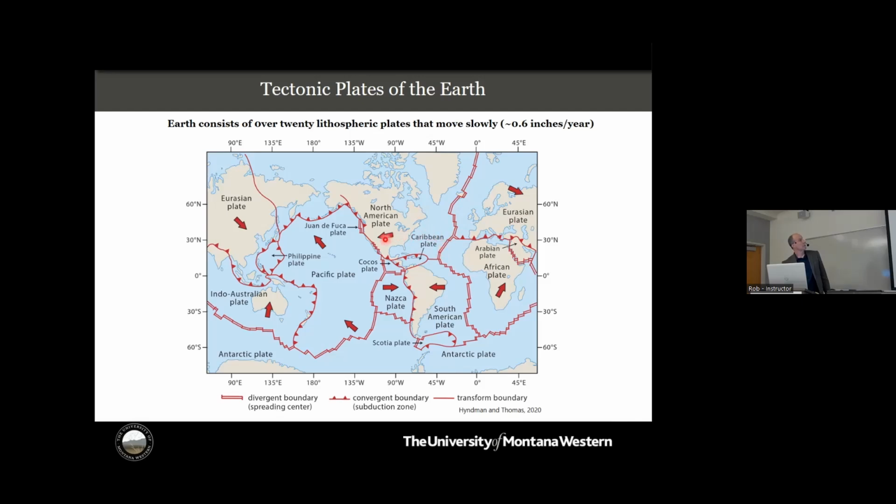As it moves to the west-southwest, it's coming up against the basin and range, which we're going to get into in detail, in the western part of the United States, which is pulling apart. That is driving a part of North America back against that arrow to the east.